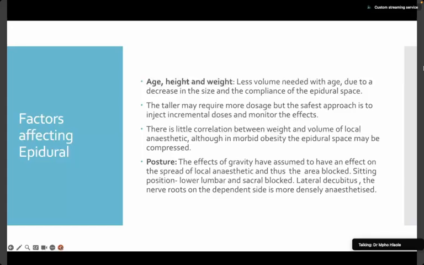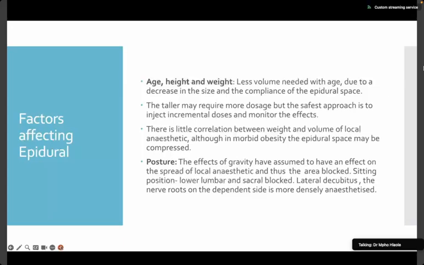When it comes to posture, we know that they always say when you finish giving a spinal, you need to put the patient flat quickly, because the spinal will be spread towards the lumbar area. That's still what is assumed as well.